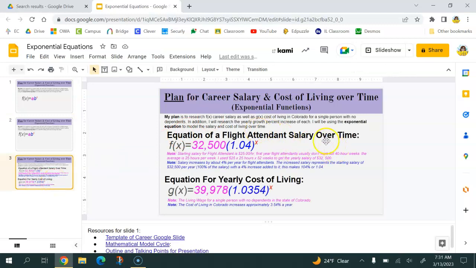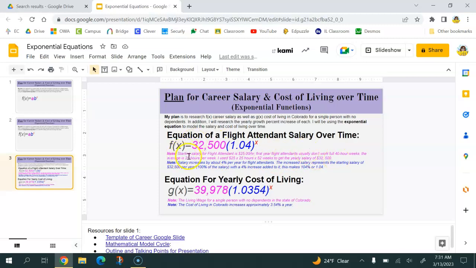For my flight attendant salary over time, the fuchsia purple color is the starting salary. My starting salary was $25 an hour. It's an hourly wage, and all of the research that I read says flight attendants don't work 40 hours a week when they're first getting started. They're on a standby situation. So I did 25 hours per week. $25 an hour at 25 hours per week times 52 weeks a year is $32,500.